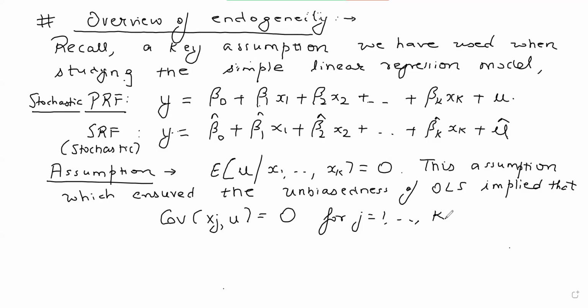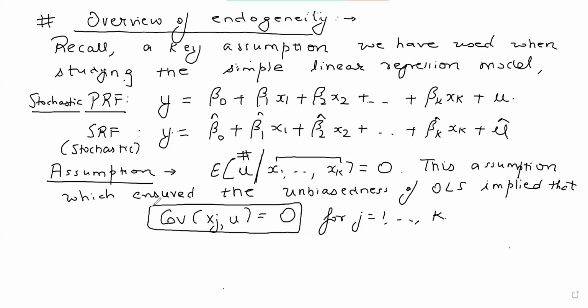In simple words, it means we had made the assumption that the disturbance term shares no correlation at all with the independent variables in my regression model.